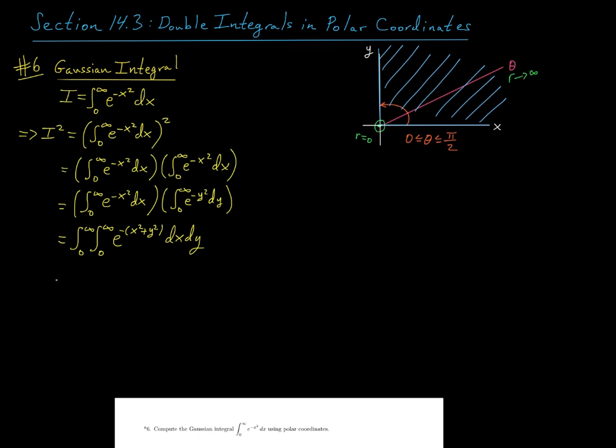And so now let's go ahead and write this as a polar integral. This is going to be the integral from 0 to pi over 2, and then the integral from 0 to infinity of e to the minus r squared, and then dx dy, that's just our dA element.